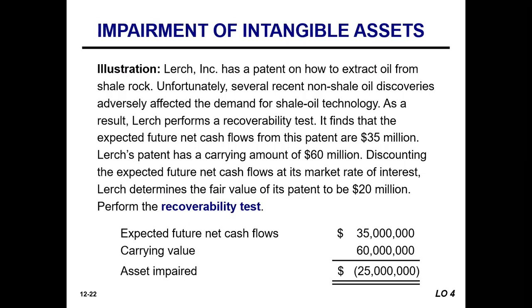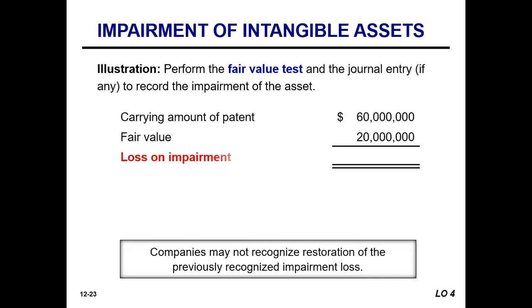Okay, so expected future cash flows are 35. The carrying value is 60. So the asset is impaired 25 million, right? Now, the fair value is what we're going to compare to the carrying value in the fair value test. And so we see that here. On that fair value test, we're looking at the difference between the carrying amount of the patent and the fair value of the patent.